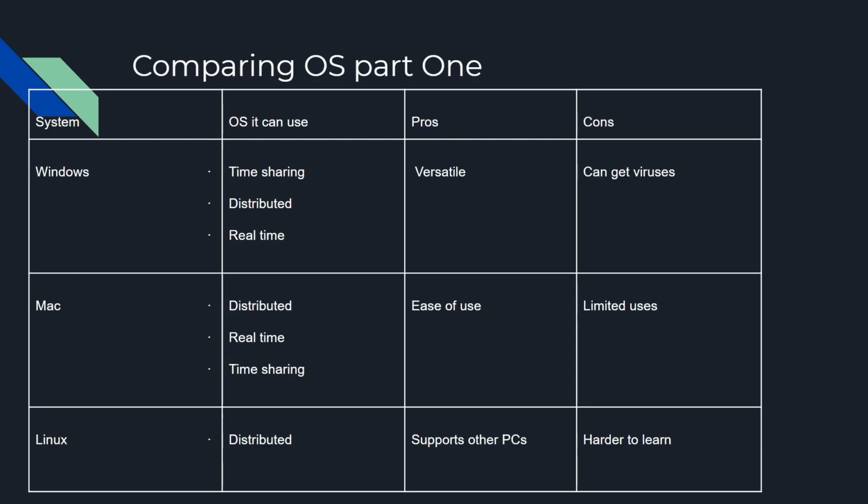Linux also has a distributed system in it, which I can see with Windows because everything's done real time. You can connect to a communication network. And the pros to Windows are, like I said, versatile. Anybody can get viruses as a con. With the Mac, it's easy use, limited use, and stuff I've talked about before.